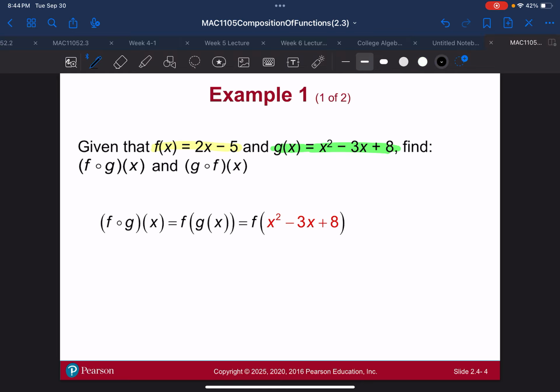And the first thing we want to do is find the composition of f and g, which again is the same thing as f of g of x, which is the same thing as taking g of x and plugging it in to f everywhere we see an x. So I can also rewrite this as f of x squared minus 3x plus 8, since that's what g of x is equal to.